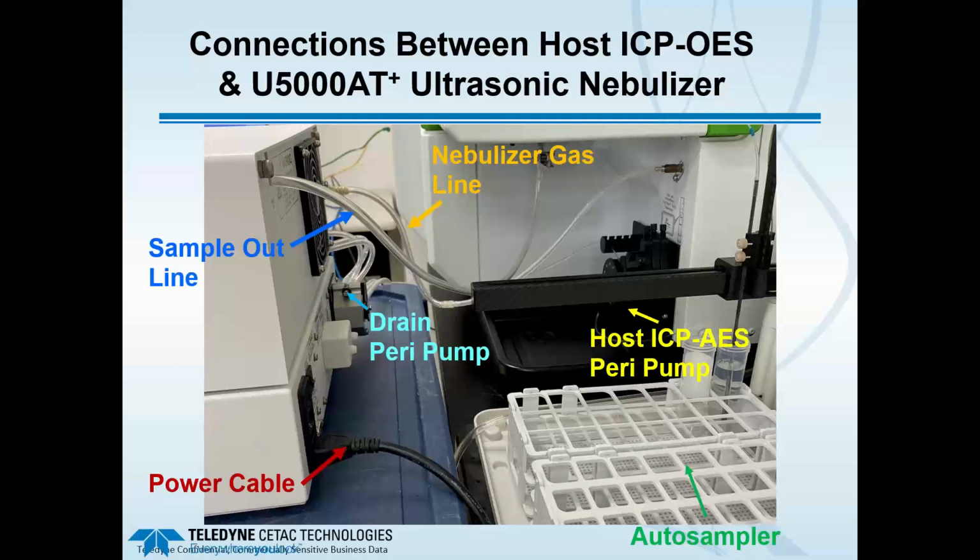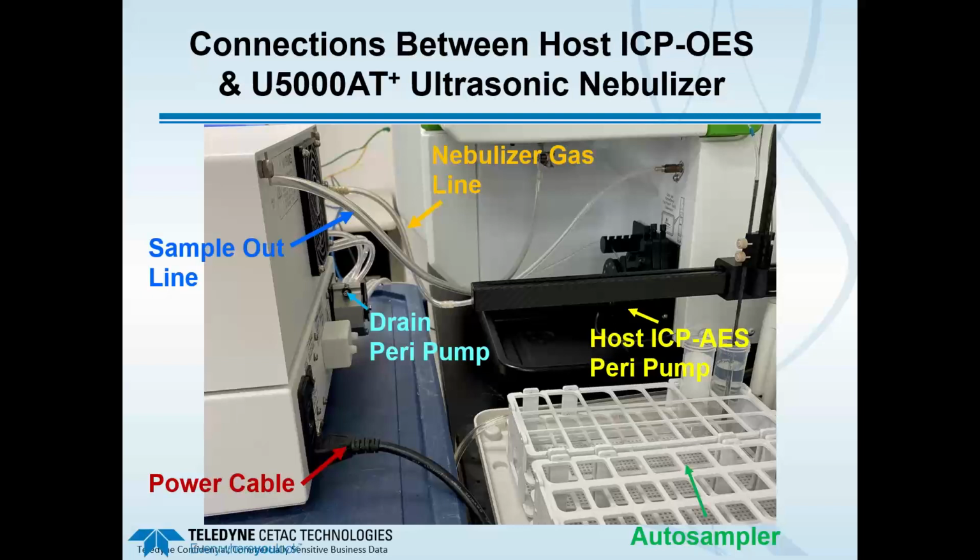And then in orange, the nebulizer gas line. We're going to use the ICP as the source of the nebulizer gas, in this case acting really as a true carrier gas to sweep the aerosol we generate through the USN, dry it out, and send the dried salt particles to the plasma. In medium blue, you see the sample outline.